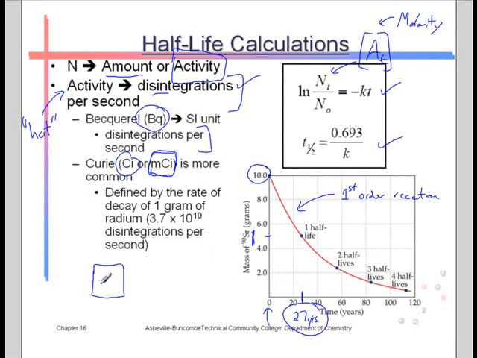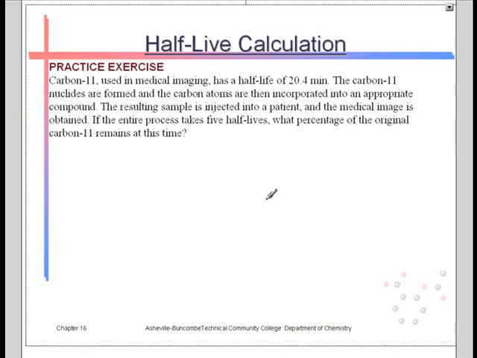If I start out with 10 grams here, after 27 years I'm going to be left with that much. After another 27 years, I'll be left with that much, and so on. For each time period that represents a half-life, you can drop the concentration in half as you go down the chart here. So that's one way to do half-life determination. That's how this one is set up.